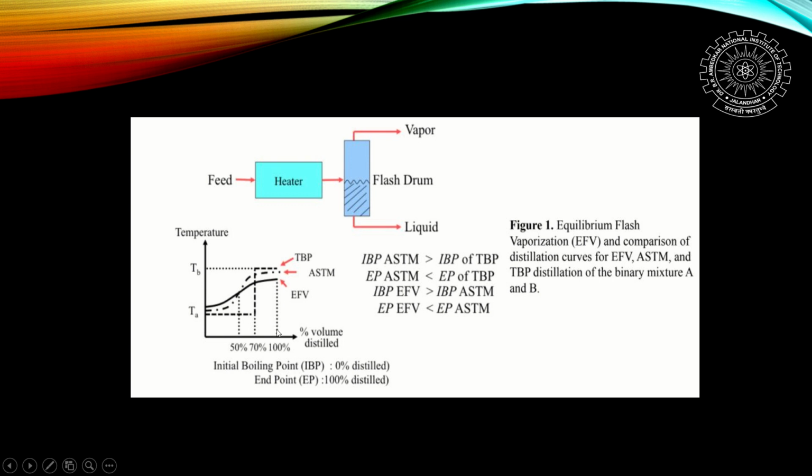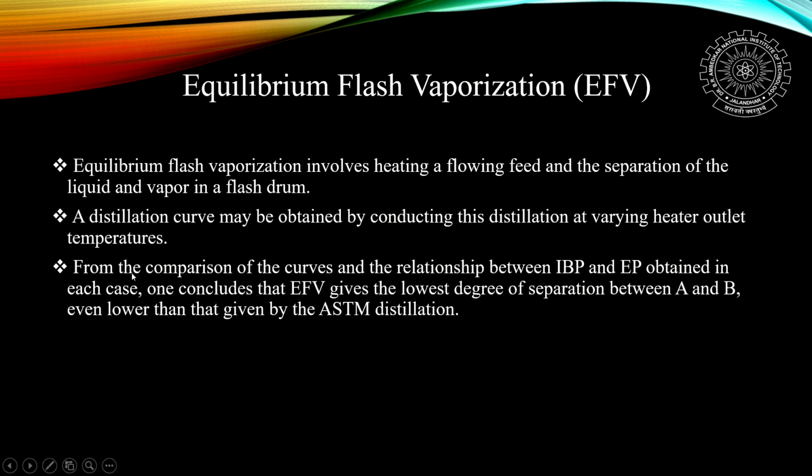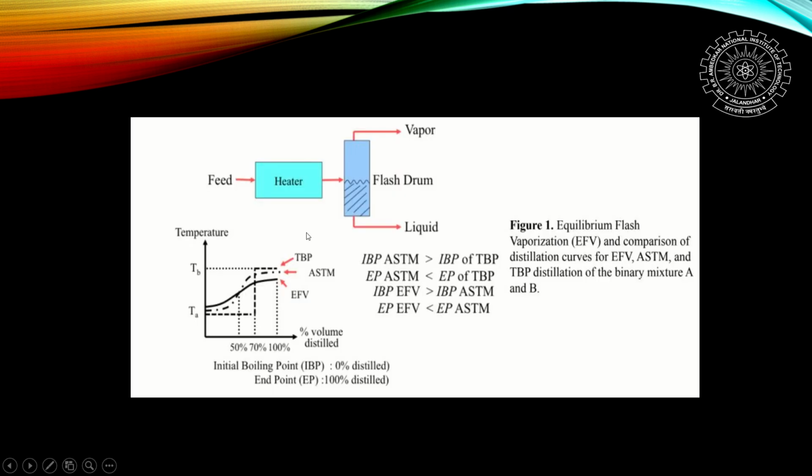Okay, so now if we compare the distillation curves for TBP, ASTM and EFV, what will we conclude? We can conclude that the EFV distillation method gives us the minimum separation among the TBP, ASTM and EFV.